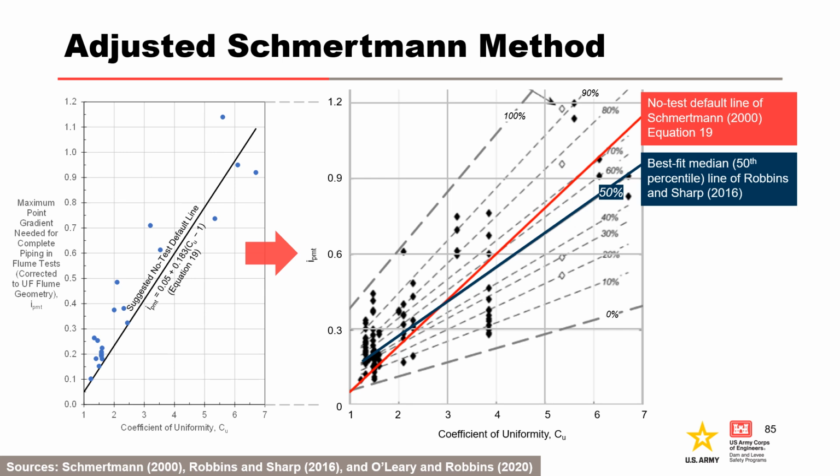Critical gradients from individual laboratory tests were plotted along with best fit quantile regression lines. The best fit median line for all test results indicates equation 19 from Schmertmann 2000 is conservative for coefficients of uniformity less than 3 and unconservative for coefficients of uniformity greater than 3.